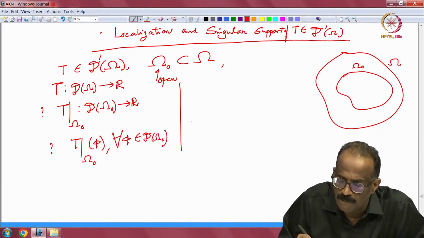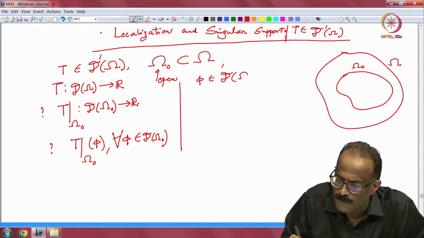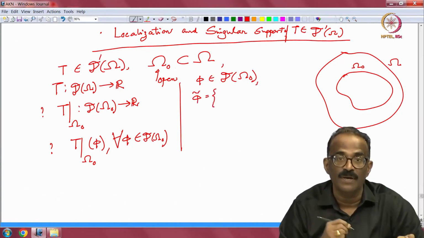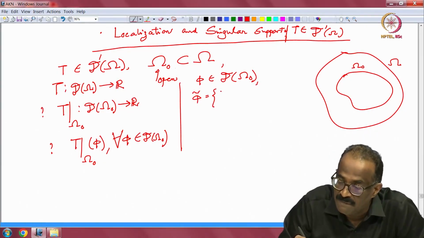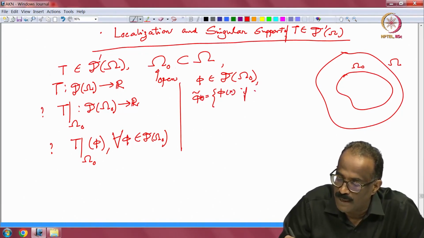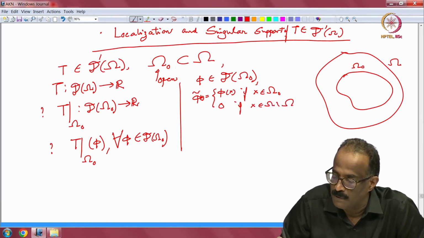If you take phi in D omega naught, you define phi tilde as a trivial extension. We call it a trivial extension: phi tilde of x is phi of x if x is in omega naught, and 0 if x is in omega minus omega naught.